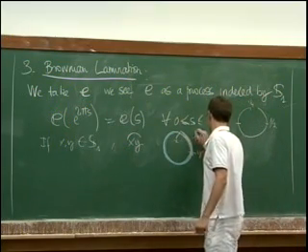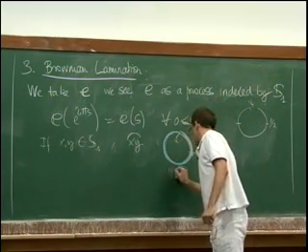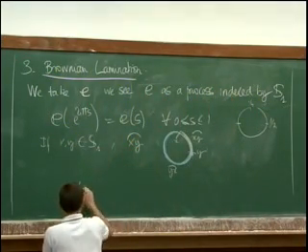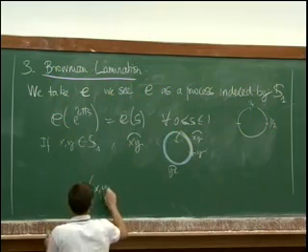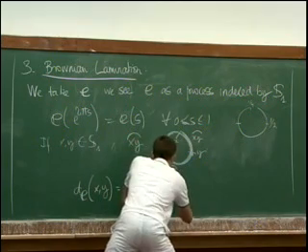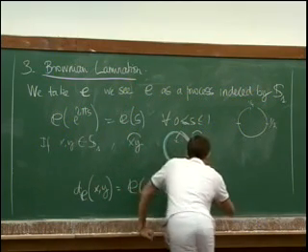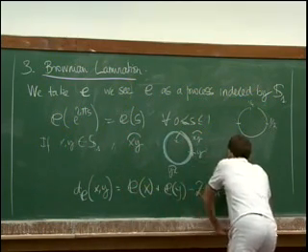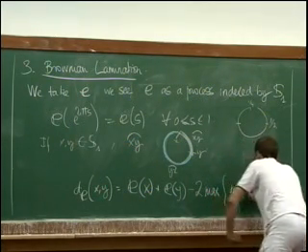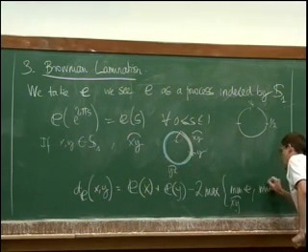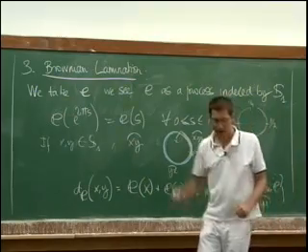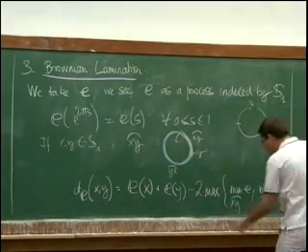So this is [x,y], this is [y,x]. And I define a pseudometric d_E(x,y), which is, as you might expect, E(x) plus E(y) minus 2 times the maximum of the minimum of E over [x,y] and the minimum of E over [y,x].